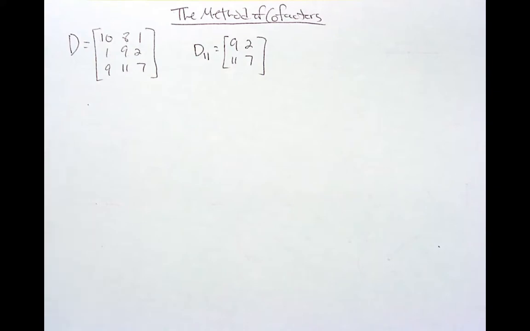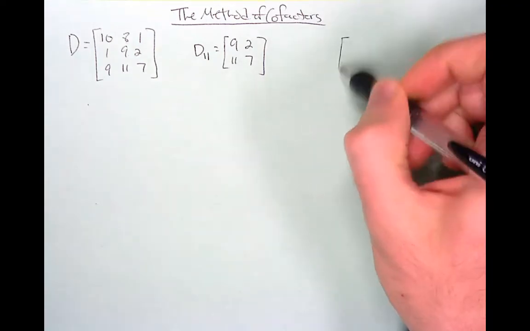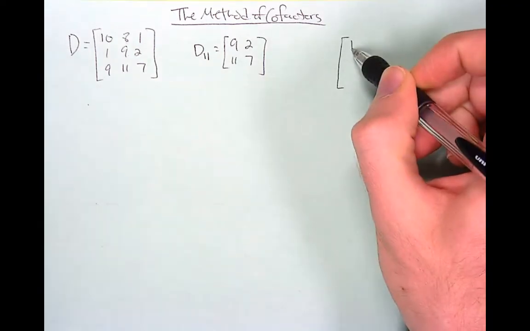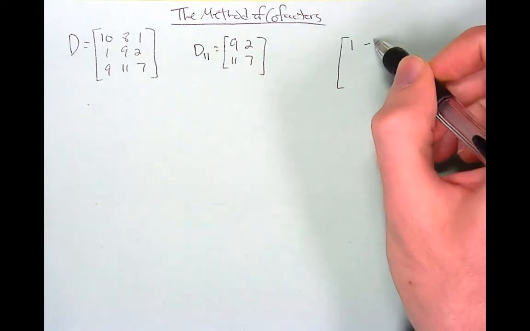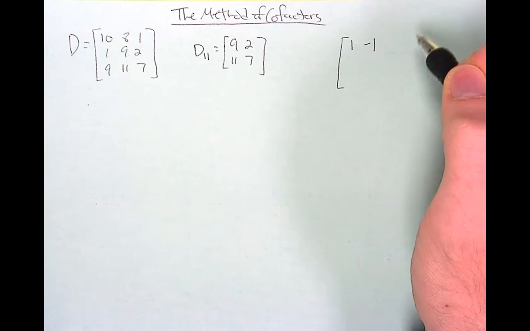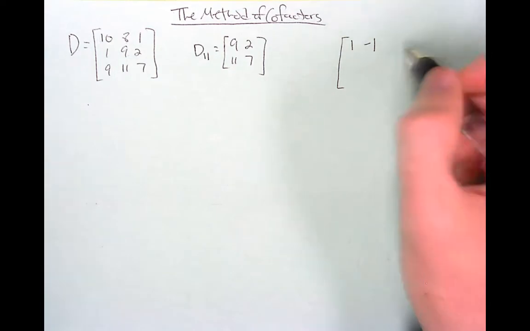Now, the determinant of this new smaller matrix is then multiplied by either a 1 or a negative 1, depending on the corresponding element's position in the matrix, to produce the cofactor of the selected element. The first element of the first row gets multiplied by 1. And then the second element on the first row gets multiplied by negative 1, with all the elements being assigned alternately a 1 or a negative 1.